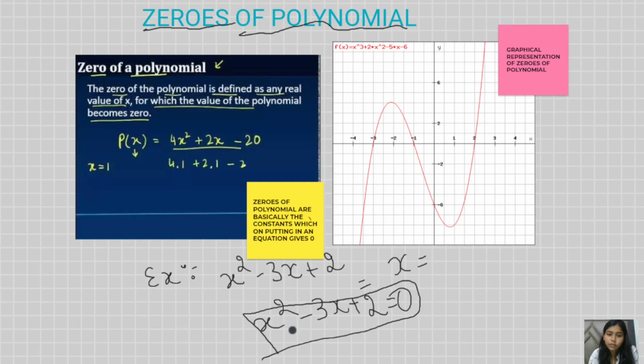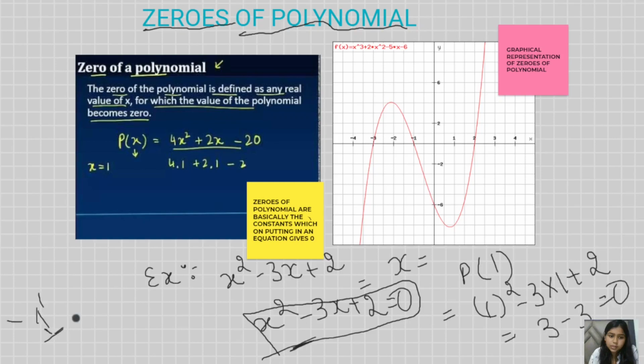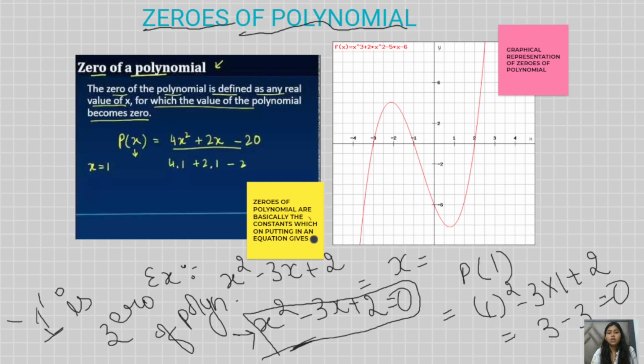For example, I am taking x is equal to 1. So let's put 1 square minus 3 multiplied by 1 plus 2. Let's solve this and you will get 0. It means for this particular equation, 1 is the zero of the polynomial. This is what we call a zero of a polynomial.